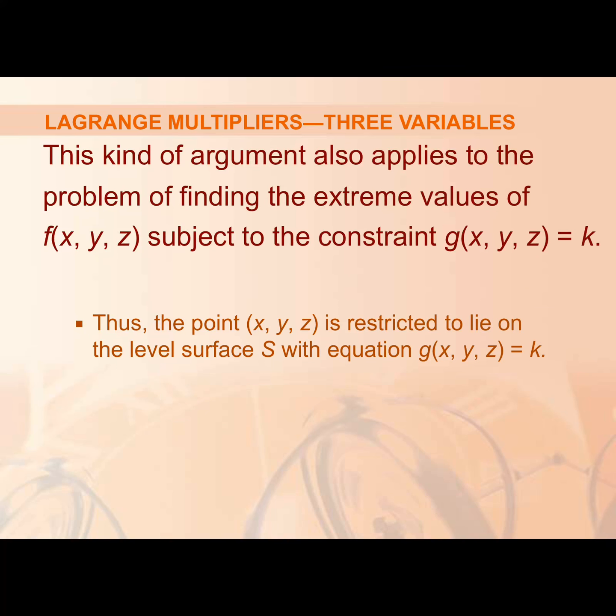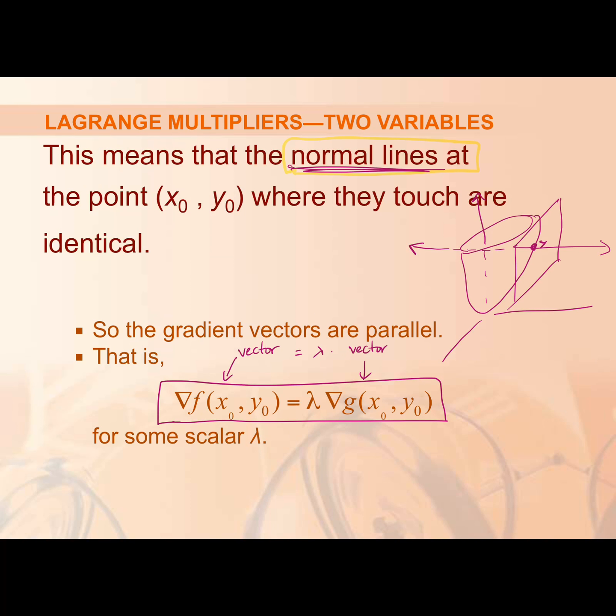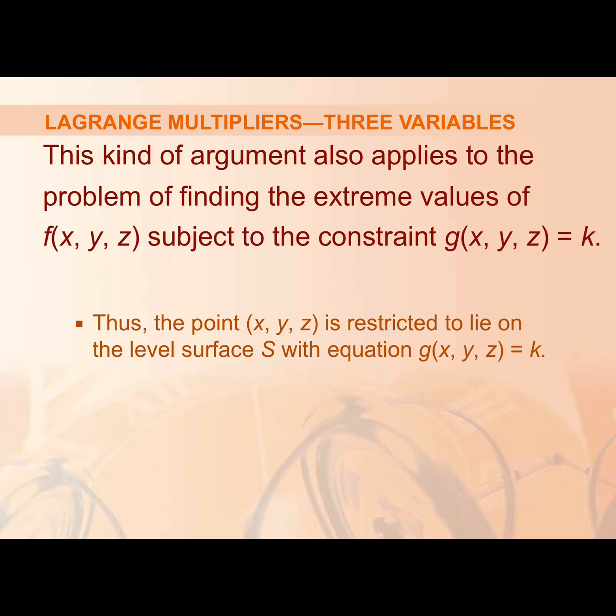So this argument applies not just to functions of 2 variables, but functions of 3 variables as well. When you're looking to maximize the value f subject to the constraint g, you're essentially going to be solving the equation gradient of f equals lambda times the gradient of g. Okay.